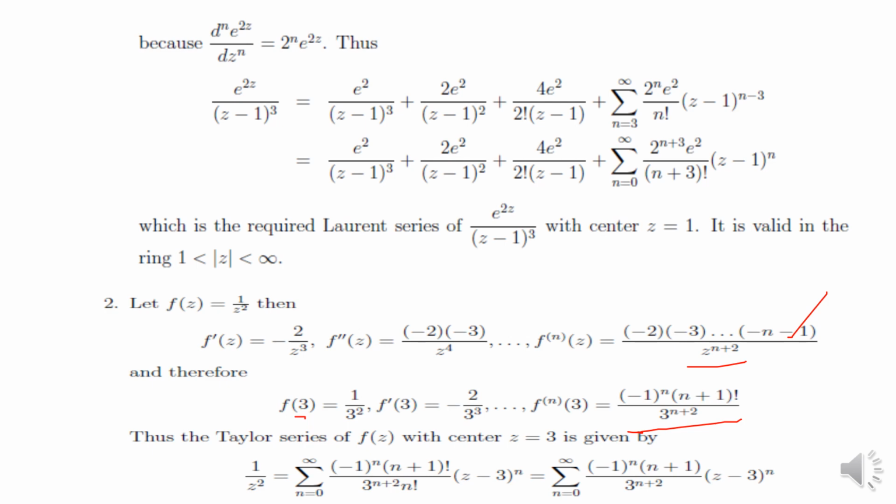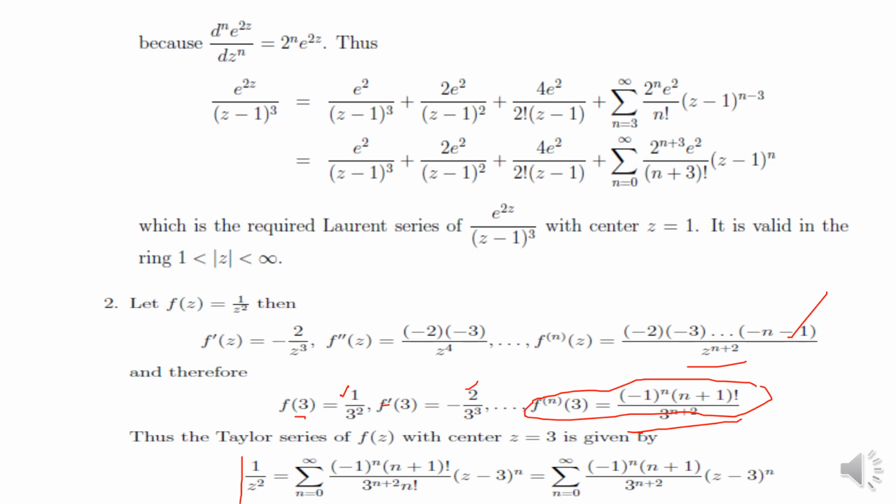Thus the Taylor series of f(z) with center 3, we can write down, this is 1 upon z square we are taking. So sigma 0 to infinity minus 1 to the power n, because we have written here this term. It's alternate sign, so minus 1 to the power n, and you can see when it is the first derivative it is n plus 1, so n plus 1 factorial upon 3 to the power n plus 2.